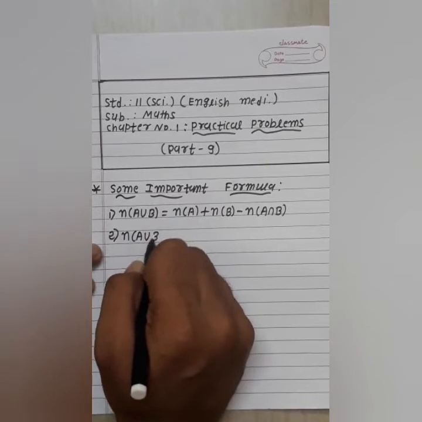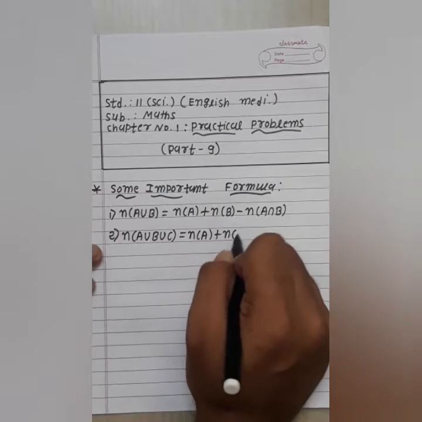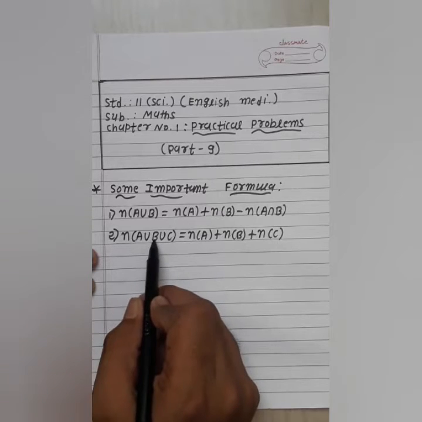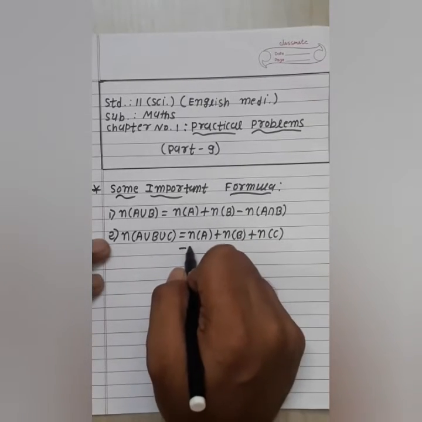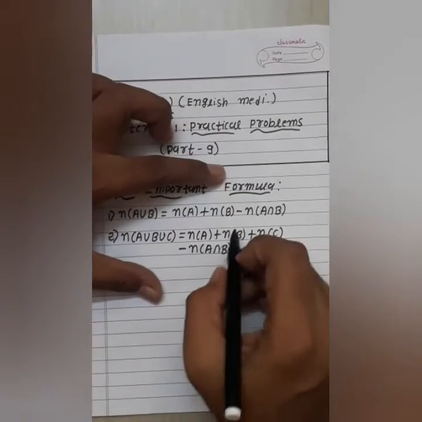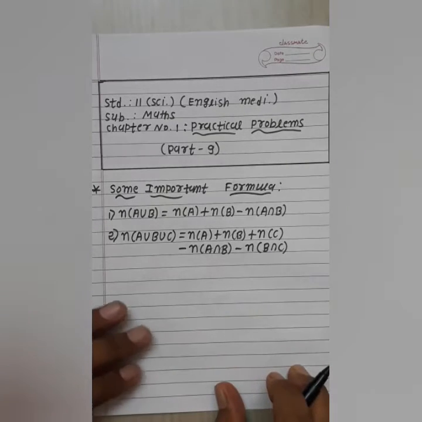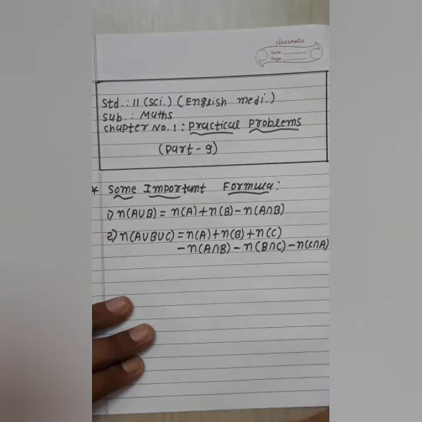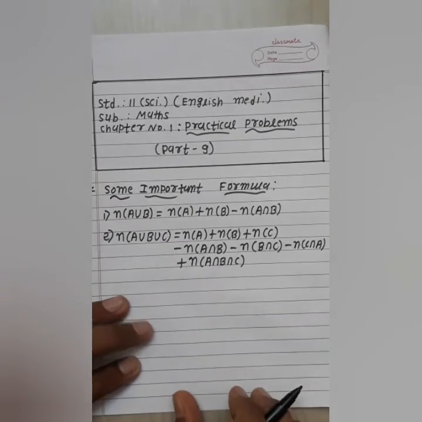N of A union B union C is equal to N of A plus N of B plus N of C, minus the intersection of the first two sets, that means N of A intersection B, minus N of B intersection C, that means second and third set, minus N of C intersection A, and plus N of A intersection B intersection C.